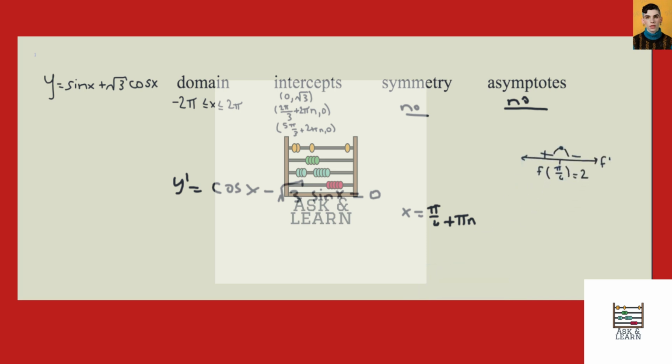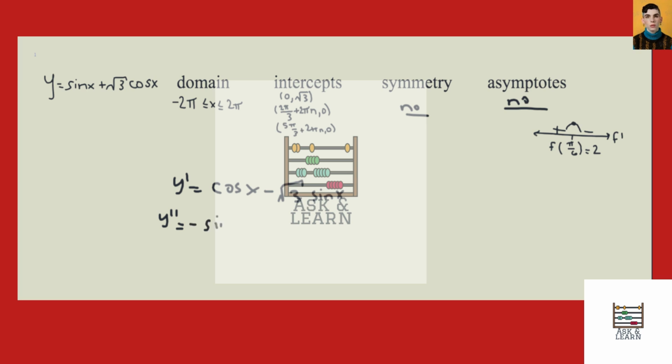And now we can do our second derivative test. So y double prime, this is for concavity. So our second derivative is negative sine x minus radical 3 cosine x. Set that equal to 0 and solve. We have x equals 2 pi over 3 plus pi n.